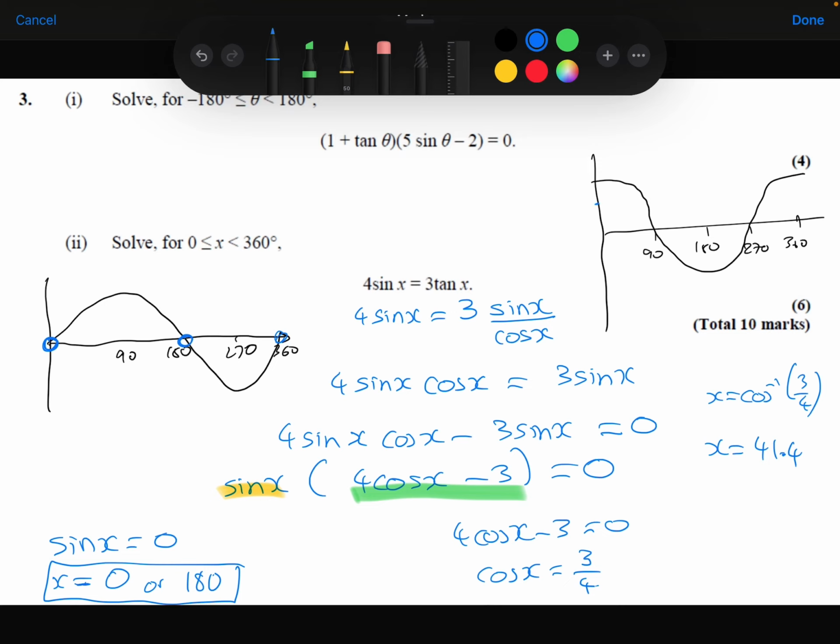So equal to 3/4 here, where we know that this is 41.4, or here, where this is going to be 360 minus 41.4, which is 318.6. And those are all the solutions to that equation.